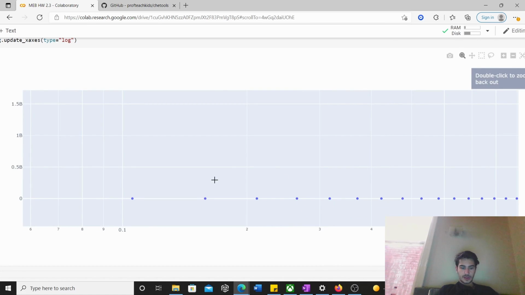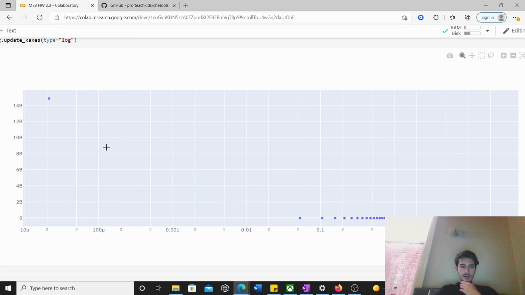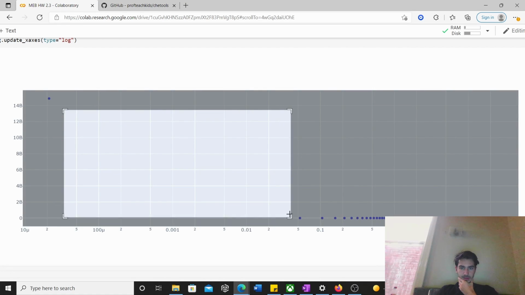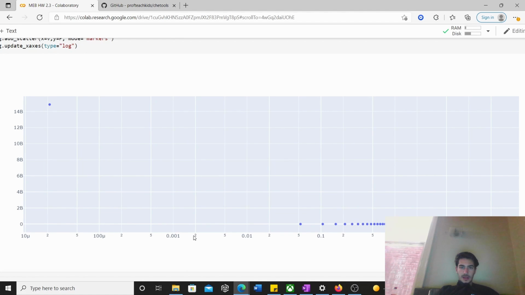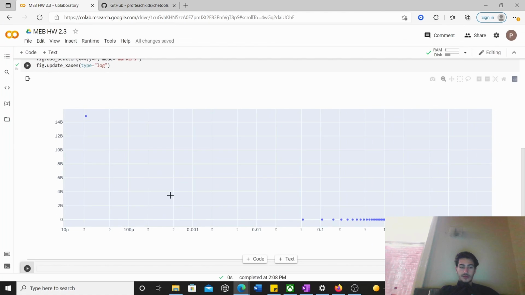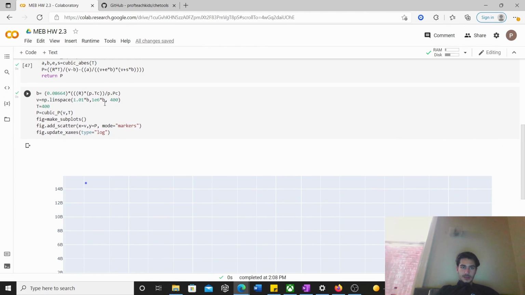We see a lot more points, but still a lot missing between here, right? So now what we want to do is add this change of logarithm scale to our linspace, right?